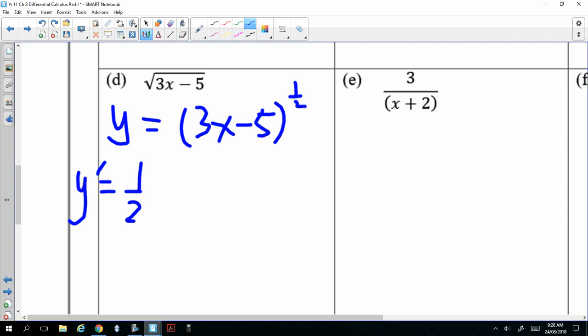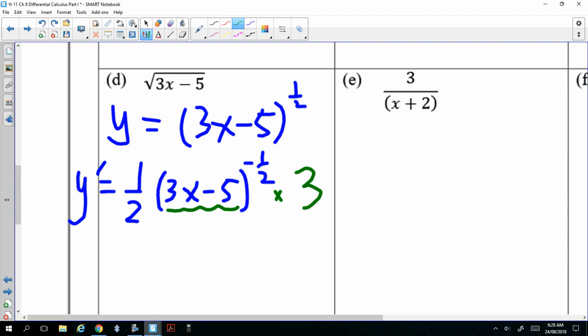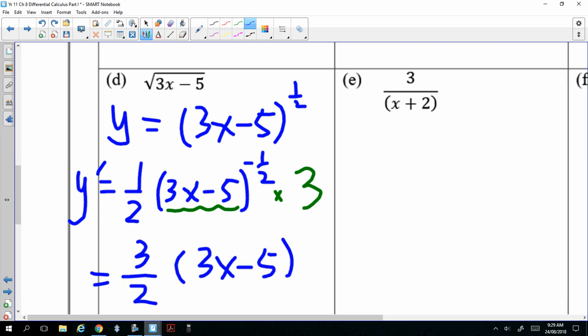First step. And don't forget the chain rule. You have to differentiate what's inside times by 3. And what would the answer be? 3 over 2. Now make sure you do it slowly, just step by step. Just keep it negative half first, so times the 3 by half. Then write it without negative indices.